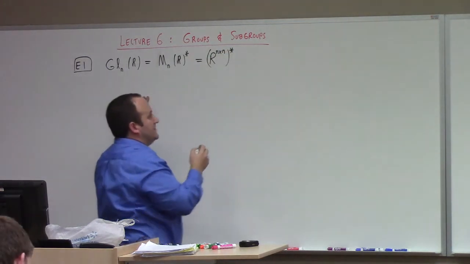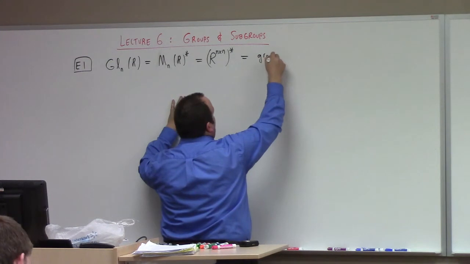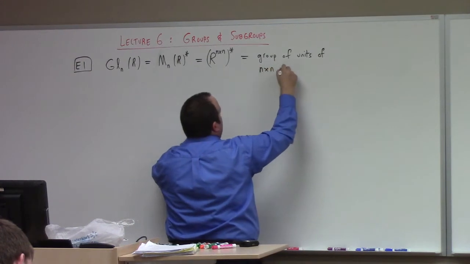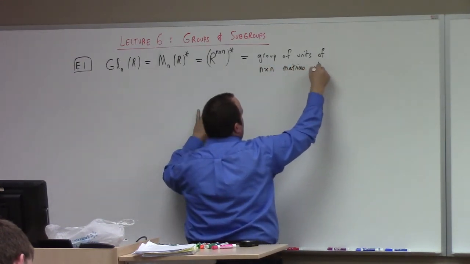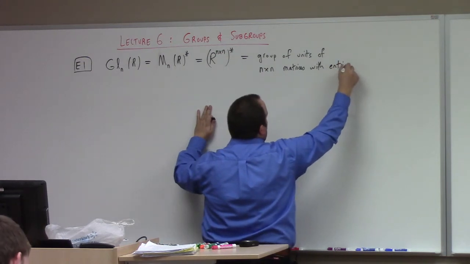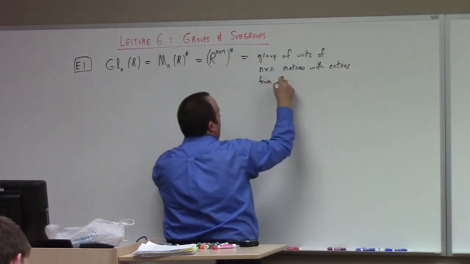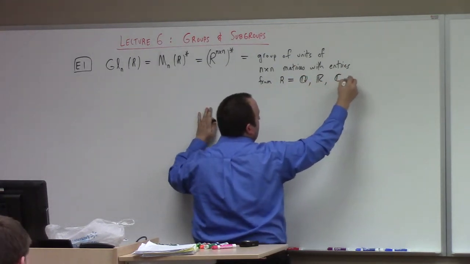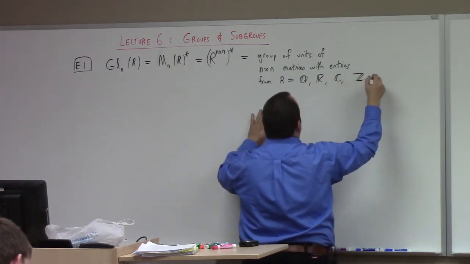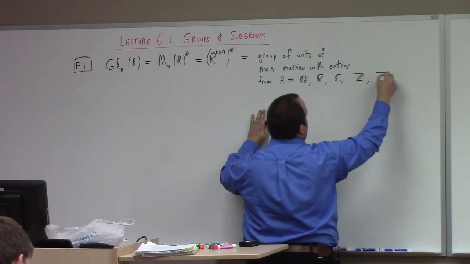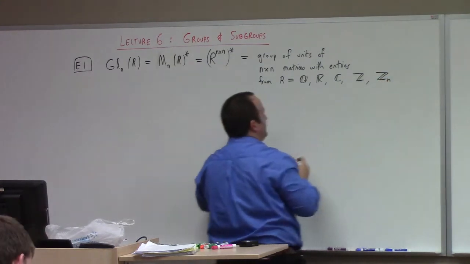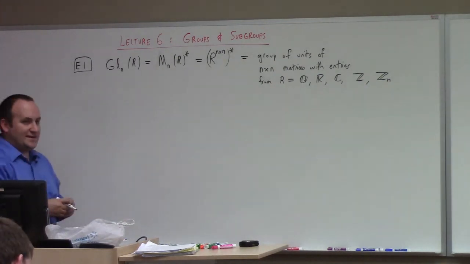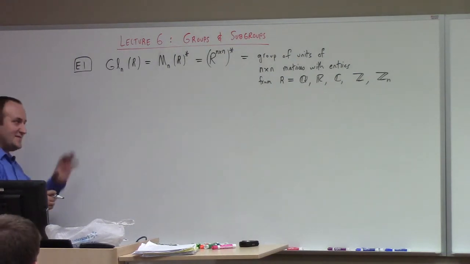It's the group of units of n by n matrices with entries from R. And here R could be rationals, reals, complex, integers, even Z mod n. I mean, there's more than this you could do, but certainly this is a good list of examples. That little Z_n at the end, that's not one example, right? That's like countably many examples. So this is a lot of examples.